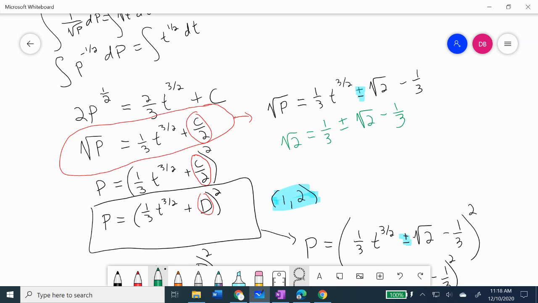I get the 1/3 minus 1/3 that I saw before, but this time I can see this will only be true if I use the positive square root. Positive wins, negative loses.